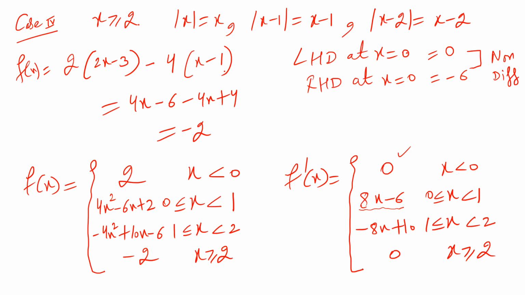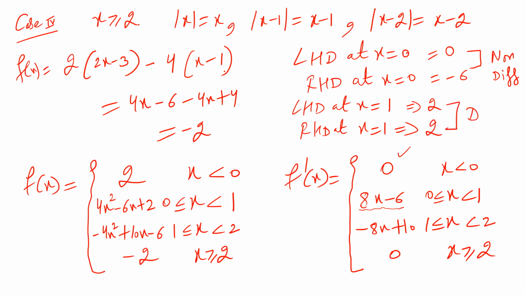Now for x equal to 1, if we find LHD at x equal to 1, students, it comes as 8 minus 6, which is 2, right? And RHD at x equal to 1, if I find out, it is going to be 10 minus 8, which is again 2. Now this is differentiable, fine, because both of these values are equal.